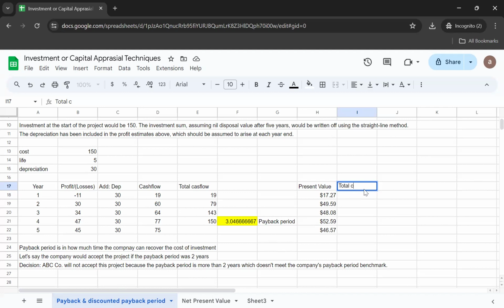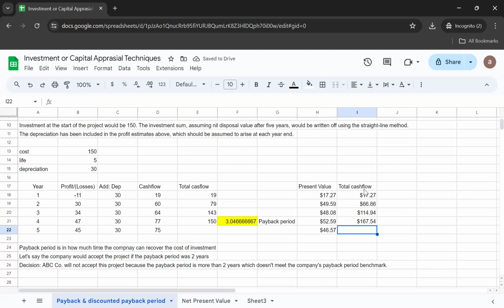Now let's type out the total cash flow here, right? So in year one, it's this. Then in year two, the company would have received this plus this. Then in year three, it would be this plus this. Then in year four, it will be this plus this.